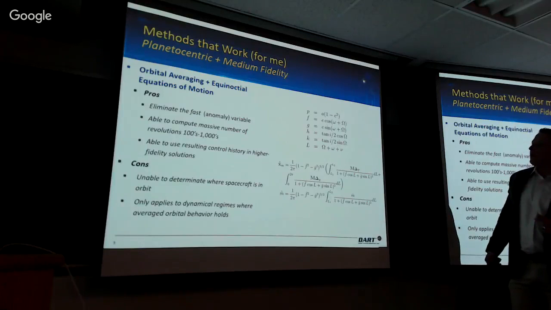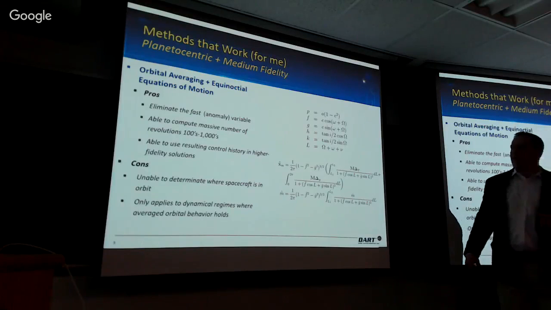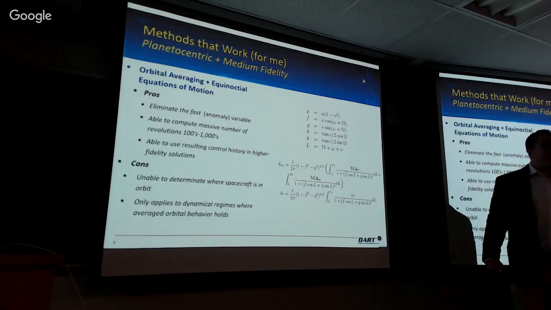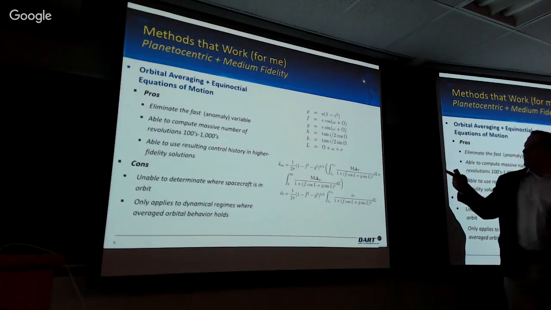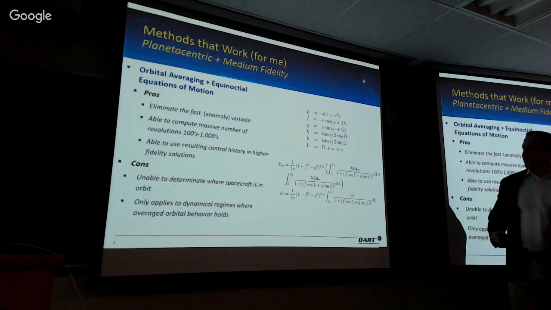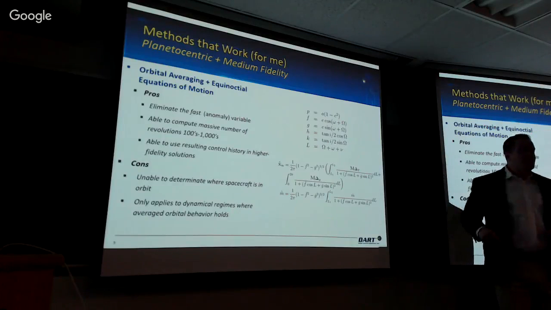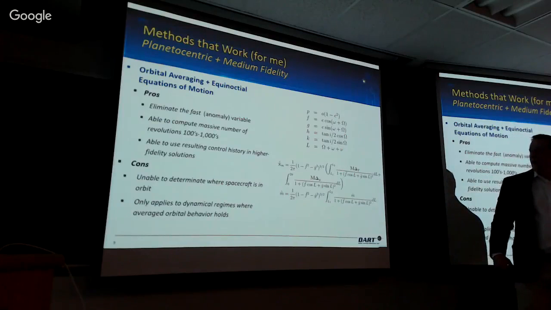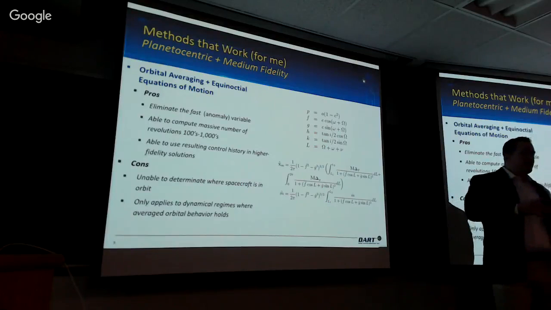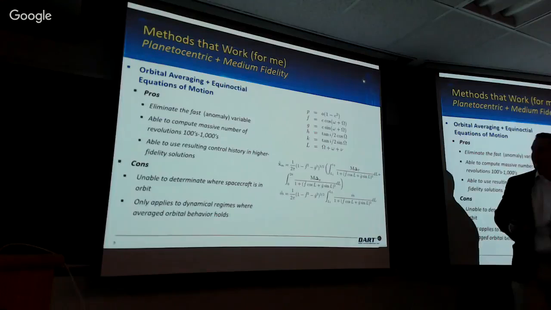I believe the creator of the equinoctial elements is actually on the phone, so this is pretty cool. I really like to use the equinoctial equations of motion. These are just the coordinates that I'm showing, but they're very nice because they eliminate singularities, and if you have transfer trajectories that build up and flip over to hyperbolic, it's nice for that too.